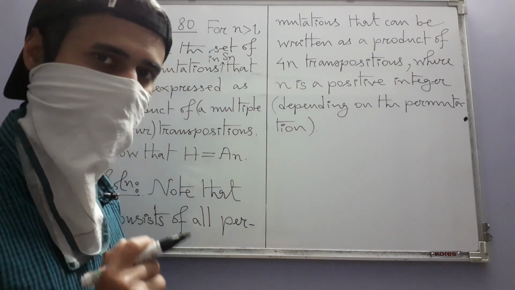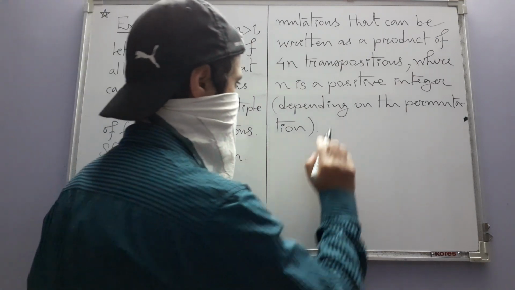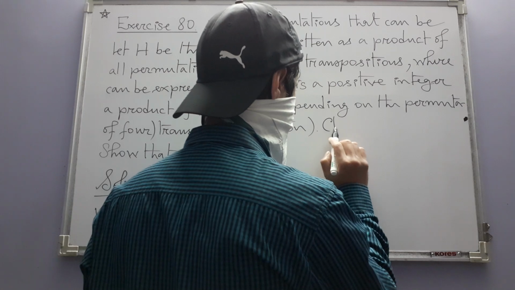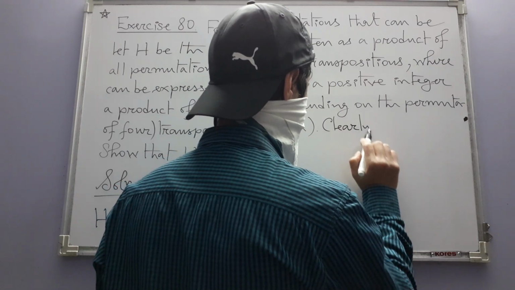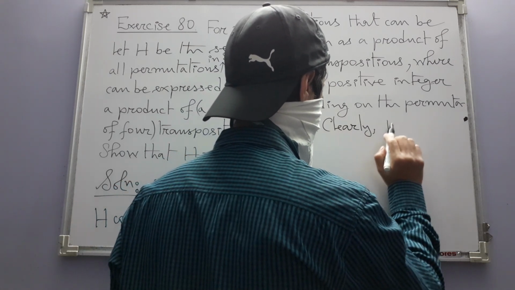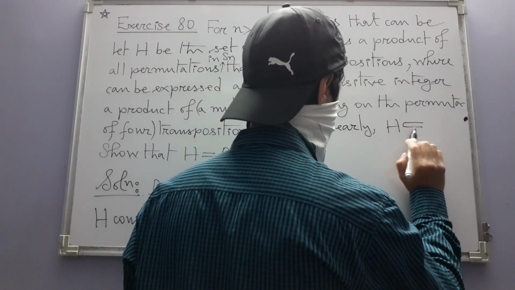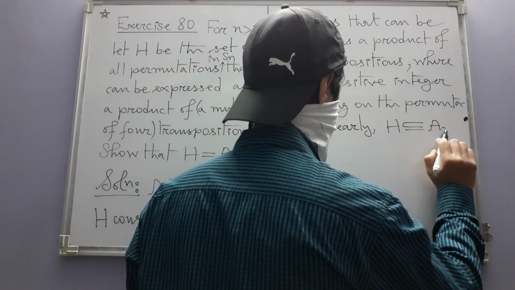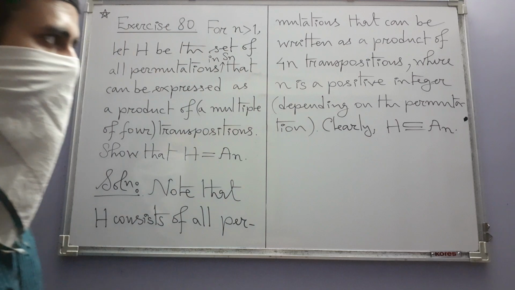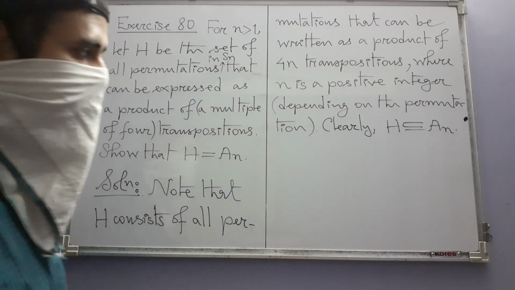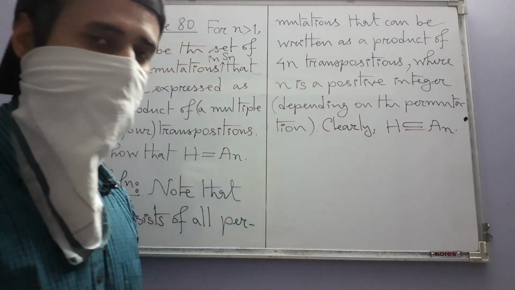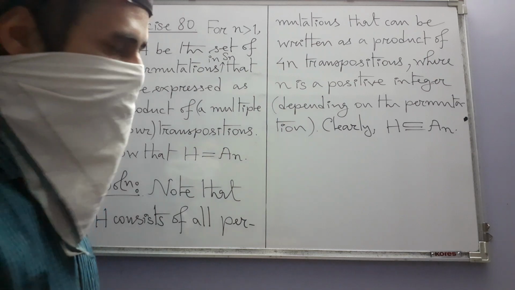That means they are all in An. So we write clearly H is a subset of An. Now we want to prove that the reverse inclusion is also true.